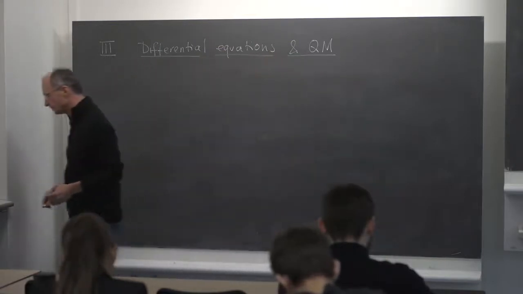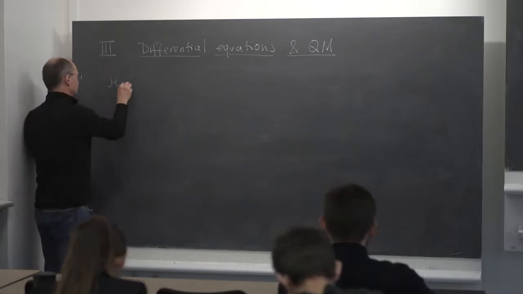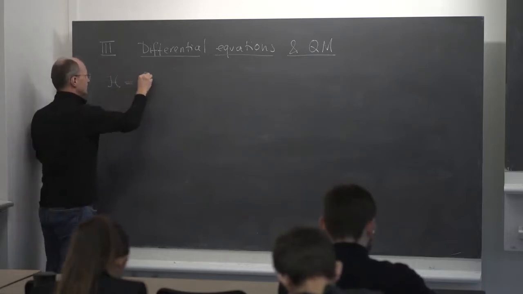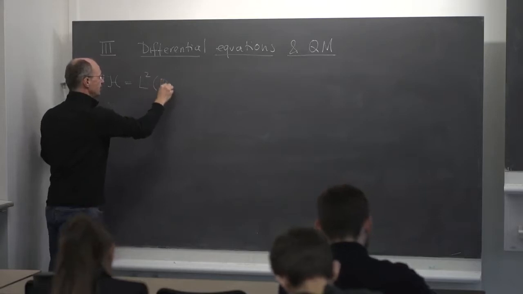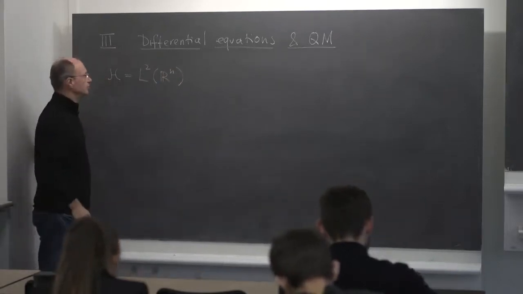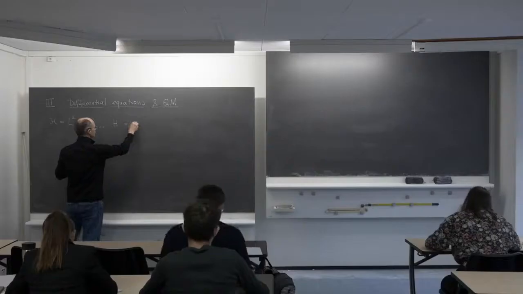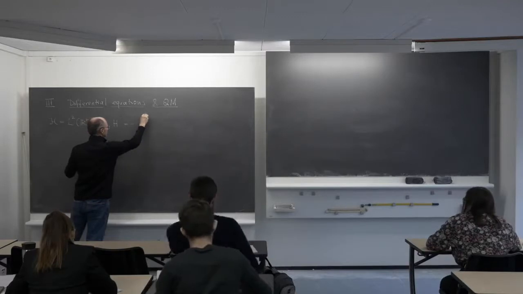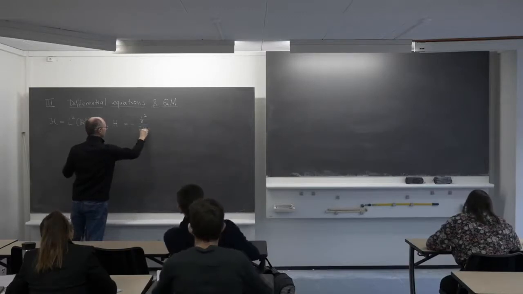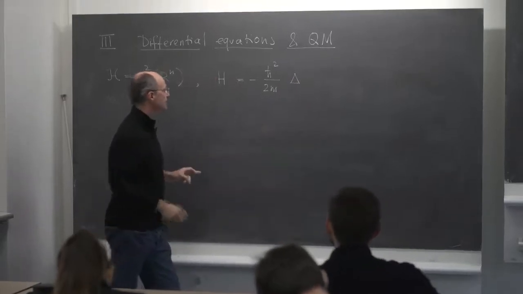So let me perhaps fix the setup. So now in most of the cases, our Hilbert space will be L2 of Rn, and we'll be looking at the physics-motivated operators.